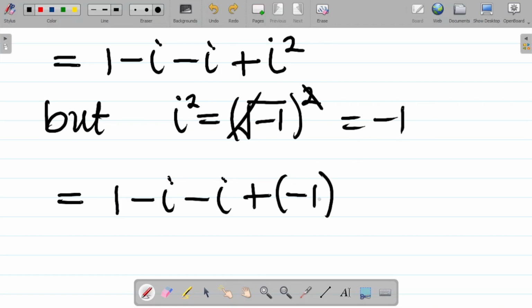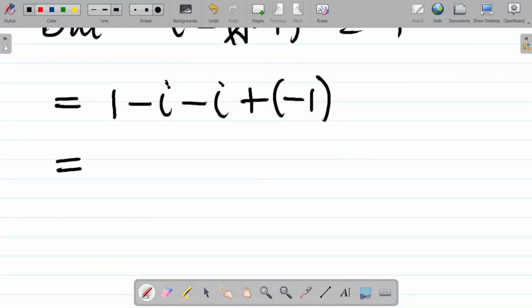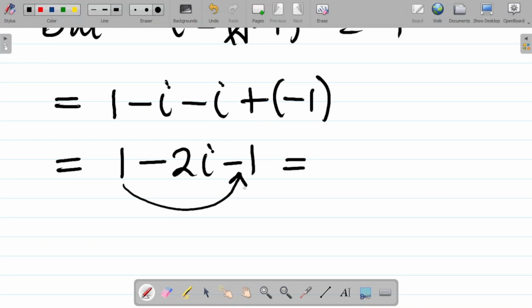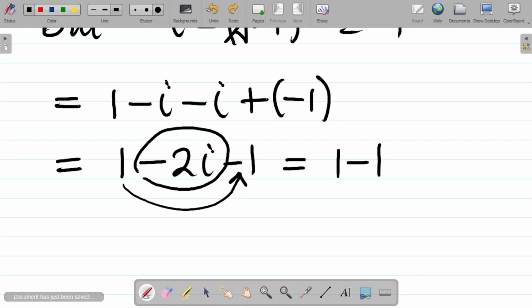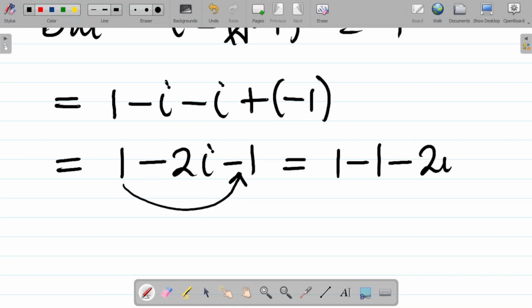If you work on this, 1 minus i gives you minus 2i, then we have plus minus, that becomes minus 1. If I take the numbers, I have 1 minus 1, and then I'm left with minus 2i.